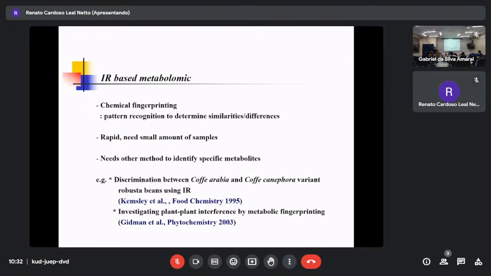Very rapid. And another advantage of IR is that you don't have to make a solution. Sometimes you already have a KBr pellet, and you can use it. So take coffee beans. If you want to compare Brazilian coffee to Colombian coffee, then with NMR or MS, you have to extract with water or ethanol, and then you compare. Of course, that can work.